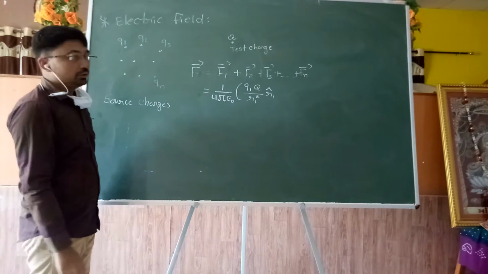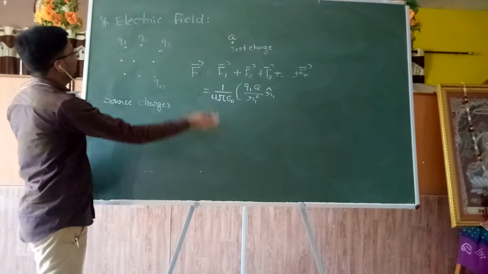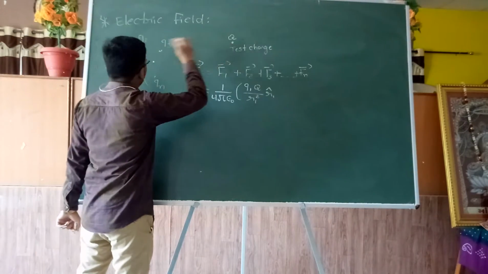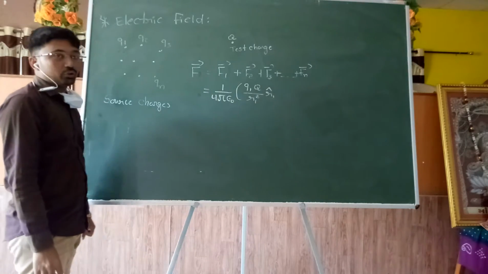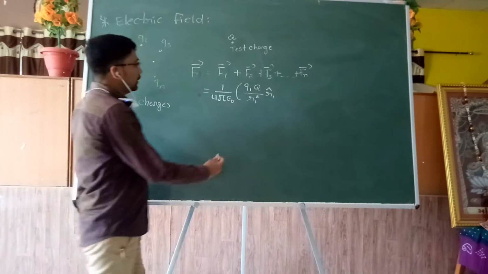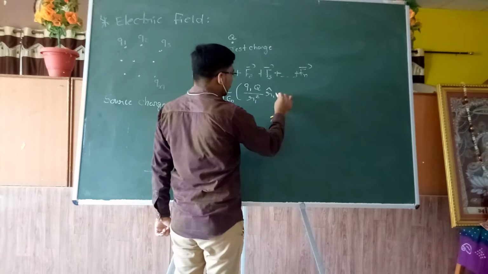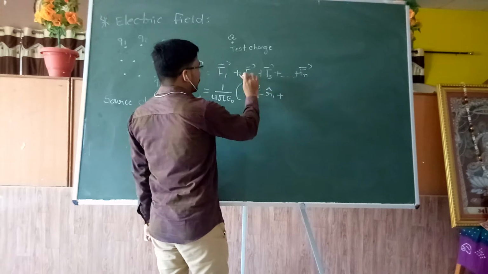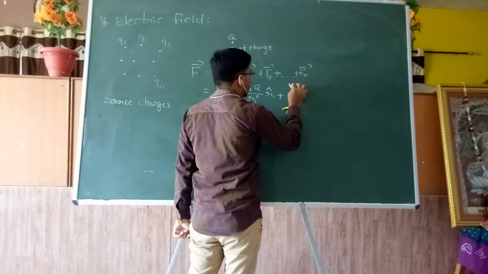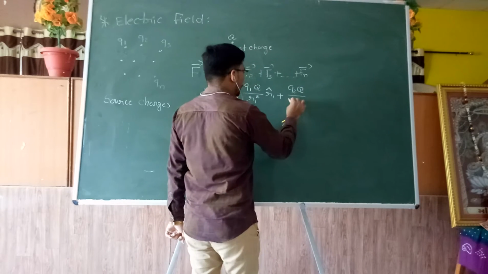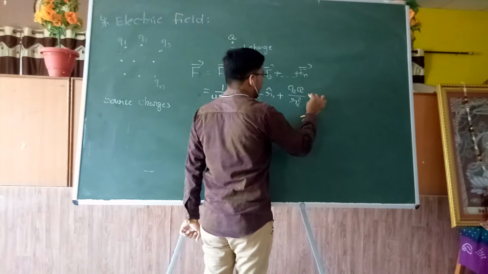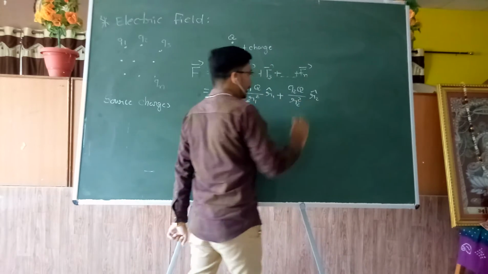Here R1 is the distance from source charge Q1 to test charge Q, and R1 hat is the position vector. Okay. Similarly, F2 is Q2 into capital Q upon R2 square into R2 cap.